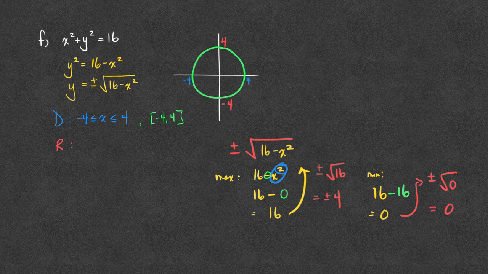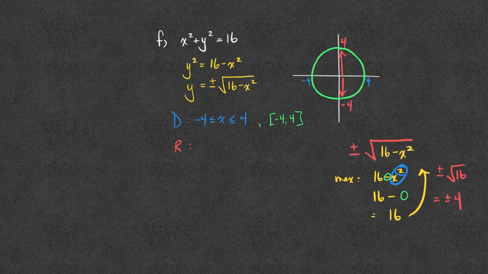And you'll start to see then that I'm going to get everything in between -4 to 4. If my max got me to my plus or minus 4 and my min gets me to my 0, then as I float in between my max and my min, I have to come in between 4 and -4.